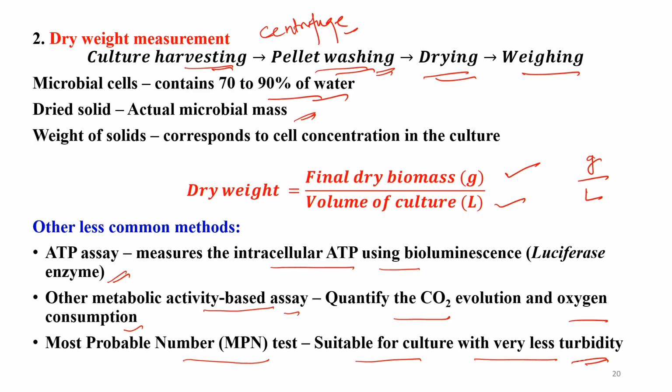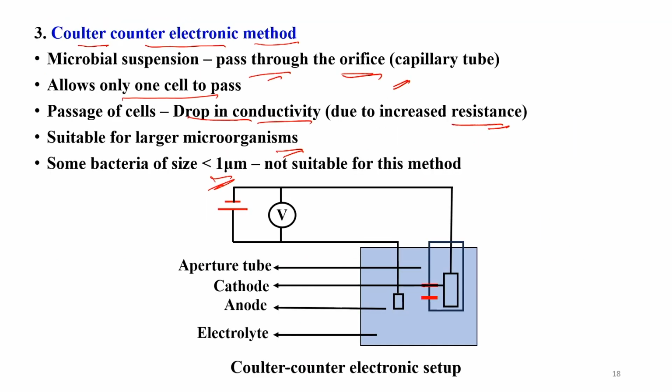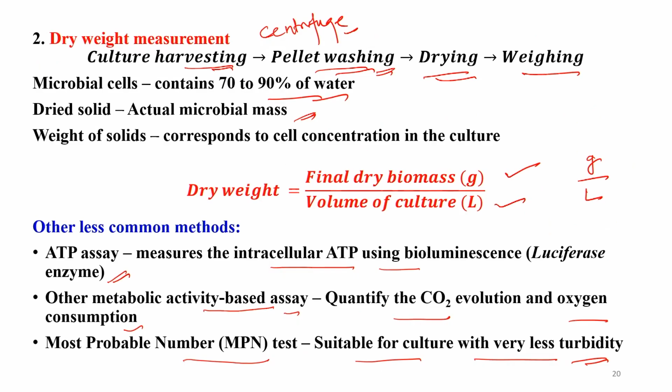So, most of the time in bioprocess, we use turbidity measurement because this is a direct measurement. You can measure OD in real time. But when you want to have the dry cell measurement, you have to take out the sample, and measure the optical density later on.